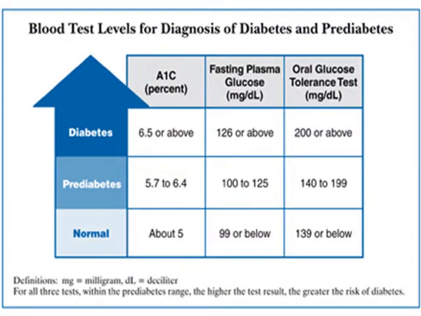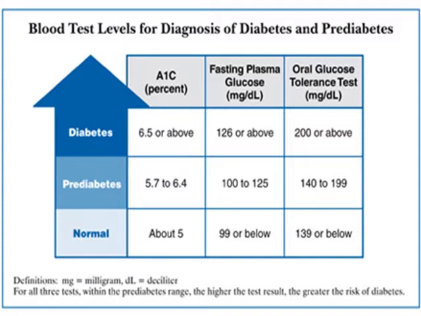This table shows the blood test levels for the diagnosis of diabetes and the term pre-diabetes. Usually we may use the HbA1c, which is written in percent, or the fasting plasma glucose in milligrams per deciliter, or the oral glucose tolerance test, which is also equal to the postprandial glucose or the random blood glucose.